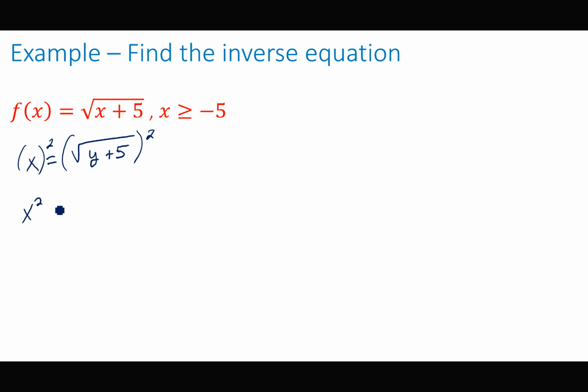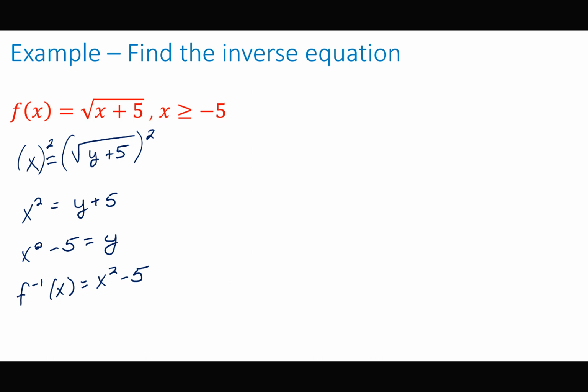So I have x squared equals just y plus 5. So then x squared minus 5 is equal to y. Or I could write it as f inverse of x is x squared minus 5.